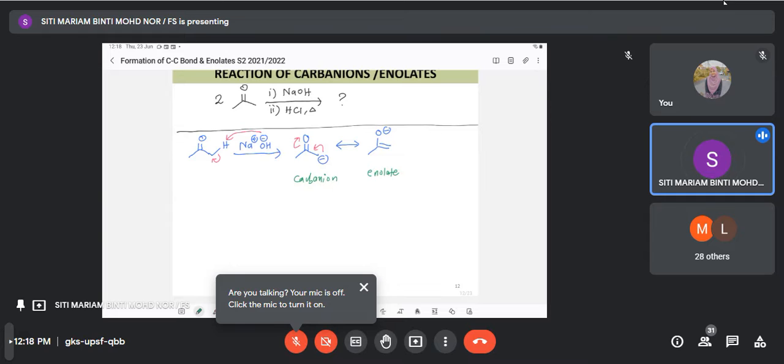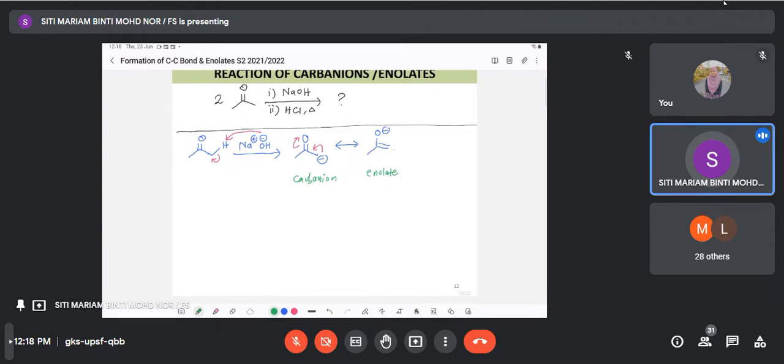After you produce the carbanion enolate, this will react with the second molecule of ketone. The first ketone already reacted with your base. That's the first molecule of ketone. Now, after you produce enolate, this enolate will react with the second ketone, because you have two molecules of ketone.